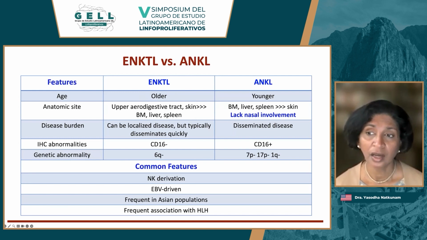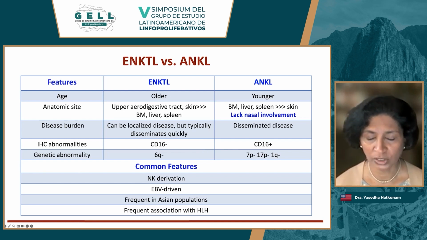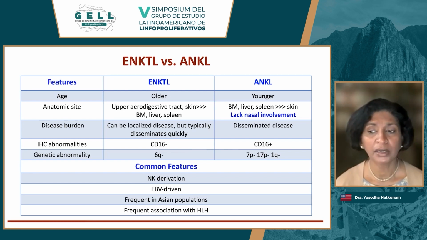Whereas in aggressive NK leukemias, these sites are much more common and it lacks nasal involvement. Disease localization is very important for the differential diagnosis. Also, you can look for CD16 expression and some genetic abnormalities that may be important in their separation, but this is not always possible and clinically not always performed.